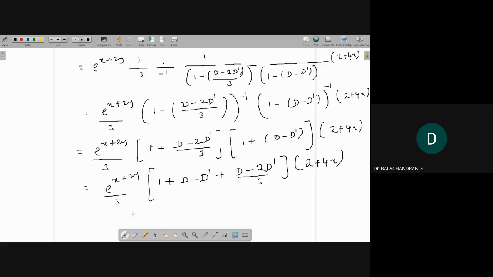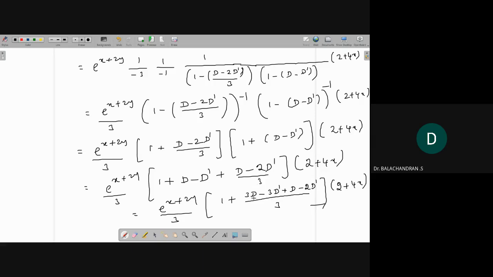So if you simplify this, e power x plus 2y divided by 3 into 1 plus, I'm taking 3 as LCM. So 3D minus 3D dash plus D minus 2D dash of 2 plus 4x.